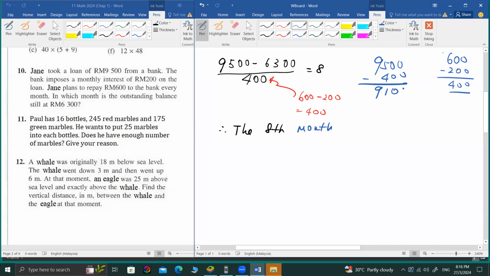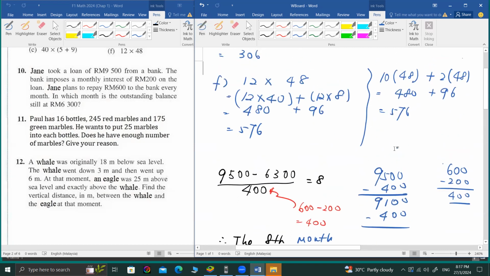So you still owe me 9100. 这样咯. So another month, you pay me 600, I only minus 400. I cannot minus 600 because the 200 is interest. 明白没有? Interest 没有算在这个 model here. Got it? So I keep minus until 8 months, you get the balance of 6,300.